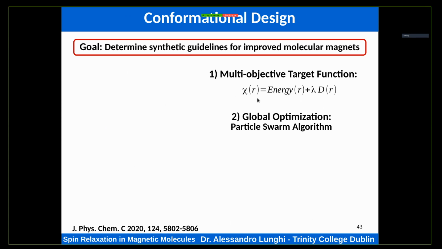So we design this function here, chi, which is defined as the sum of the energy and the molecular anisotropy multiplied by this lambda. If lambda is 0 and we minimize this function, essentially we are just moving the atoms to reach the minimum of the energy. We're just minimizing the energy of our complex.